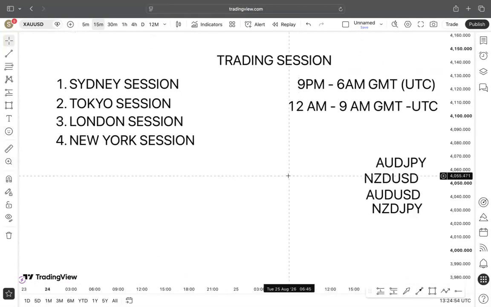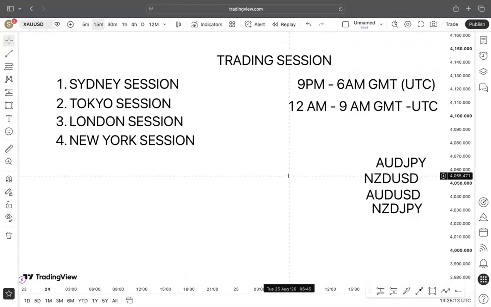All right, so the Tokyo session operates from 12 a.m. to 9 a.m. GMT UTC, and it overlaps the Sydney session for 6 hours.